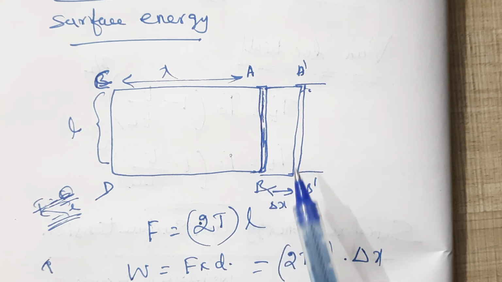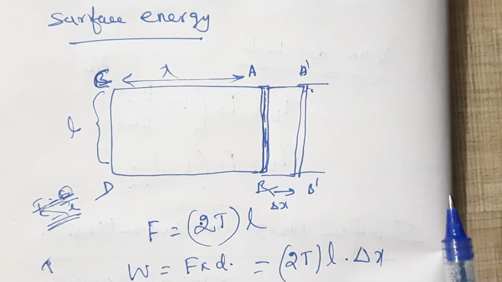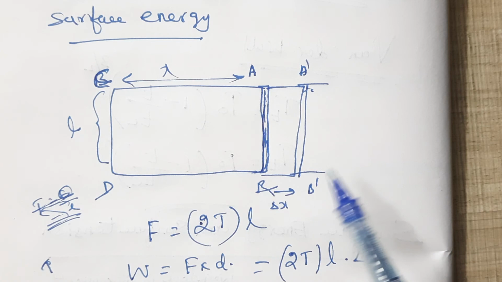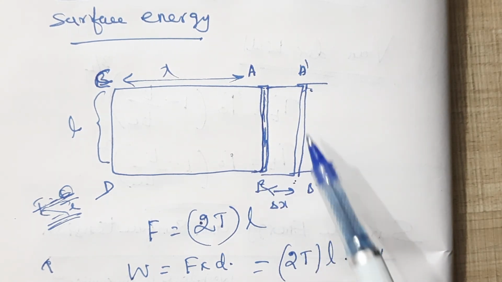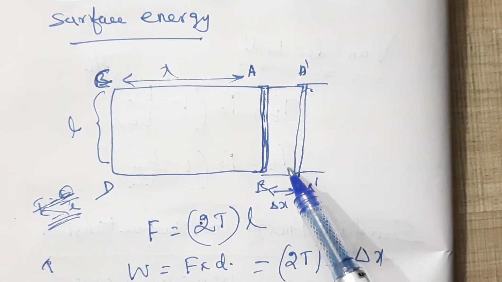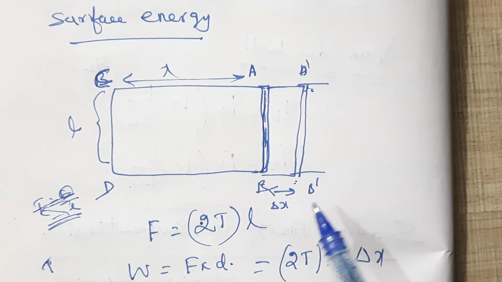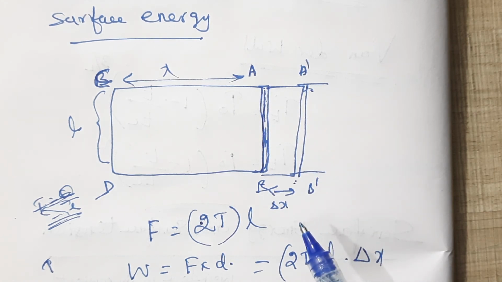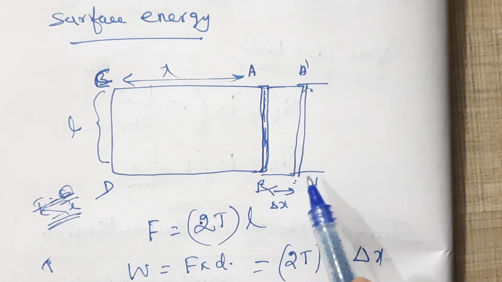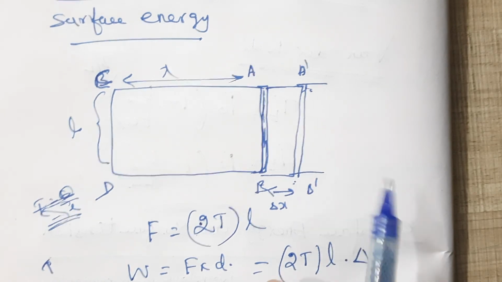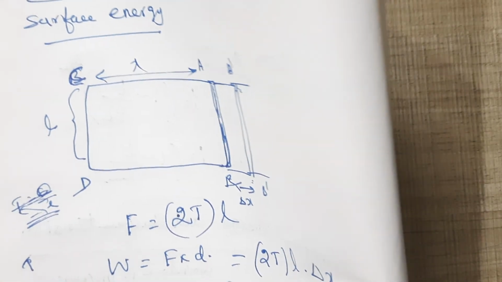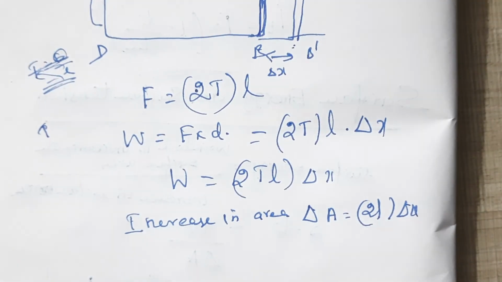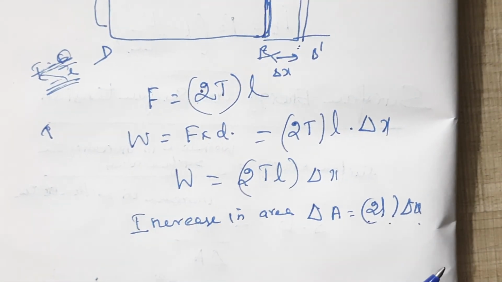The length is delta x, and the breadth we can consider as 2L, for two surfaces. So 2L into delta x is the increase in area of the film.